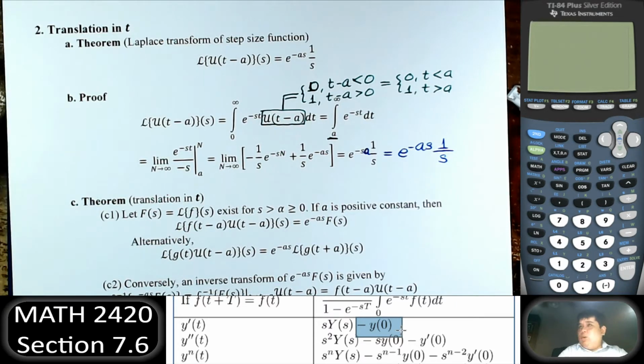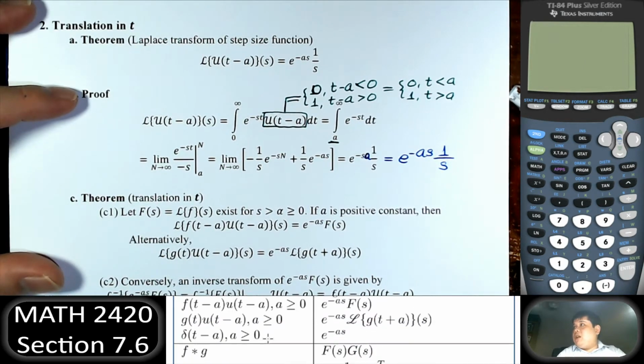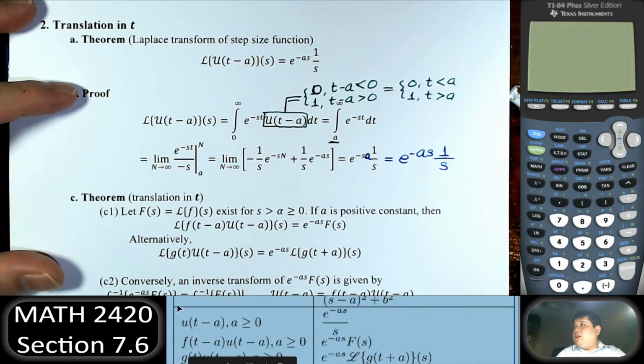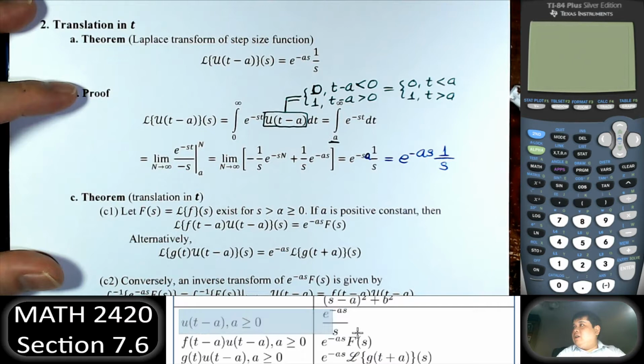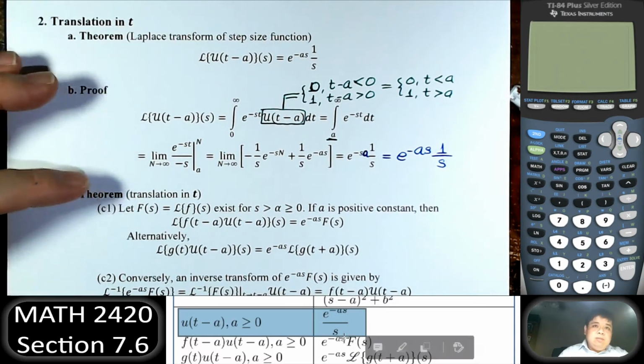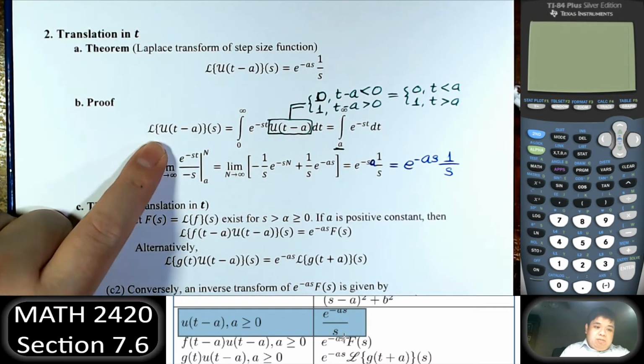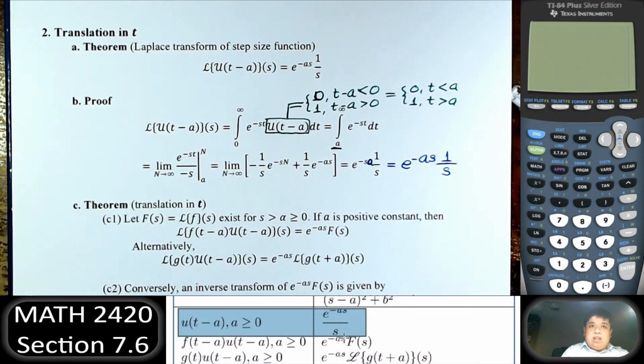So that's good. We have the Laplace transform of the unit step function, which is here. If you cannot type the script u, use the lowercase u.